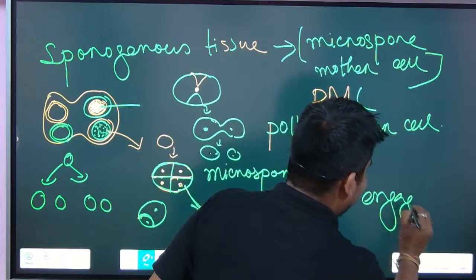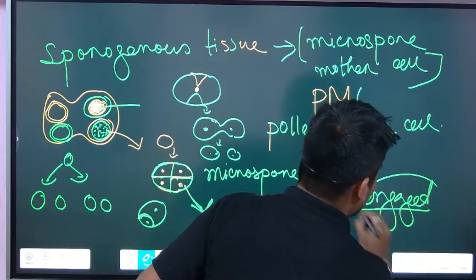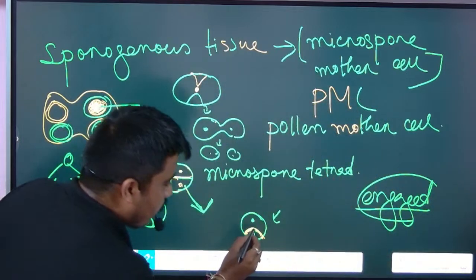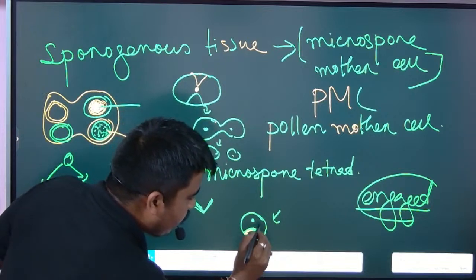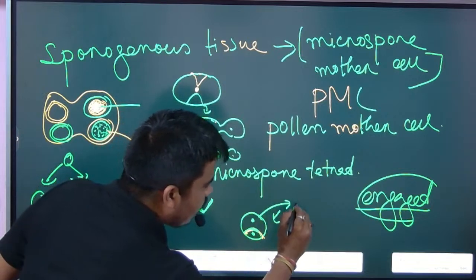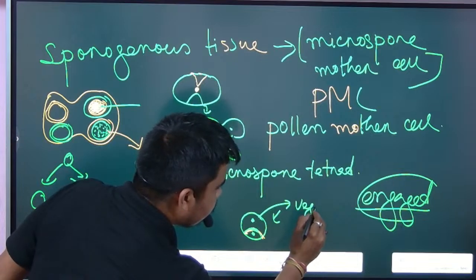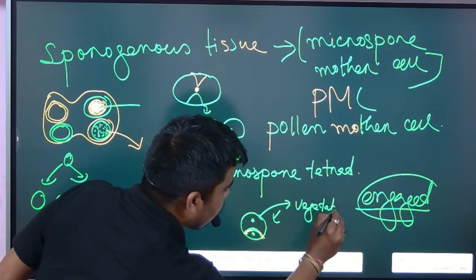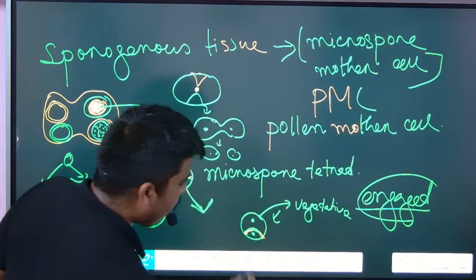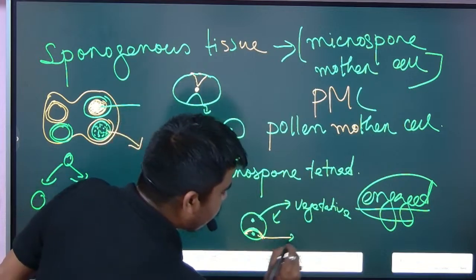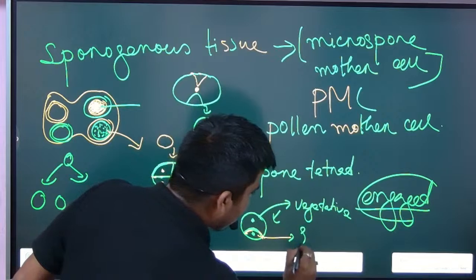Engaged, yeah, engaged. Okay, so in this type the larger portion is called the vegetative cell, and the smaller one is called the generative cell.